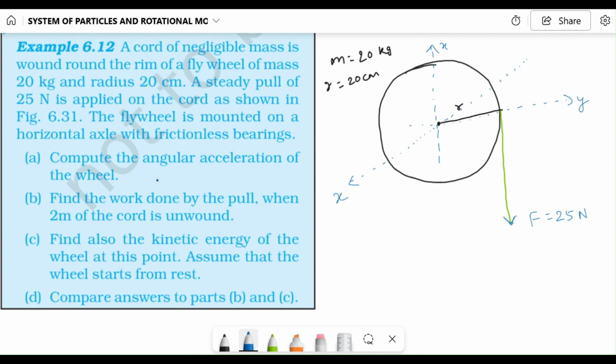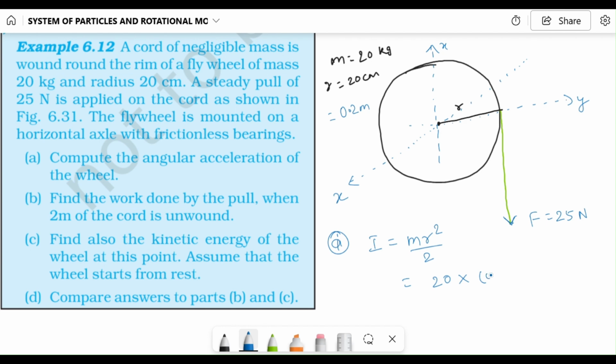Okay, so now we have to compute the angular acceleration of the flywheel. We have the mass and we have the radius here, so we can find out the moment of inertia I, and this should be mr square by 2, as in the case of a solid disk. So this will be mr square by 2, and this will be 20 into r, which we can convert into meters, that will be 0.2 meter.